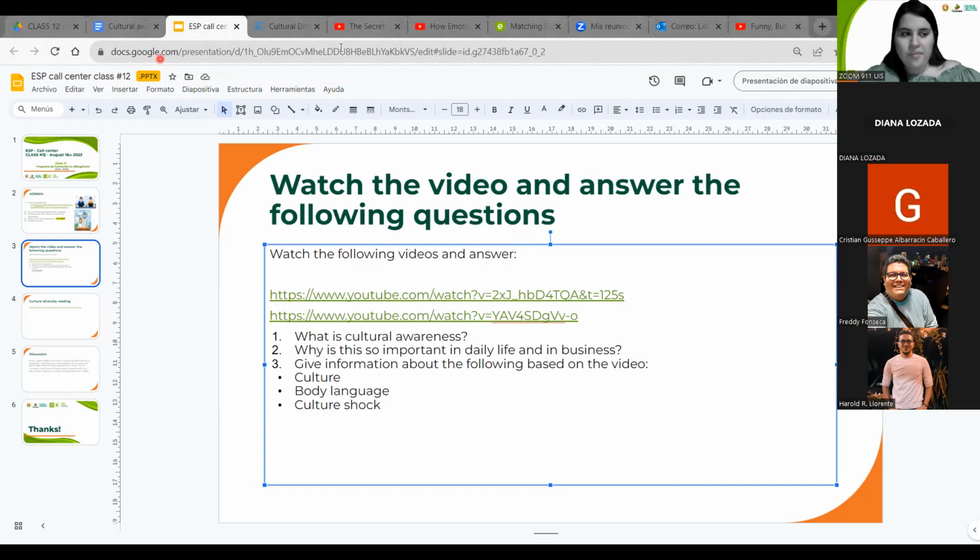Yes. What do the other people want to share? So it's really important to learn to read how body language works.